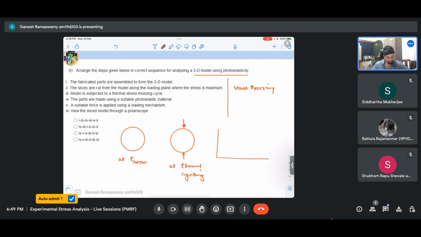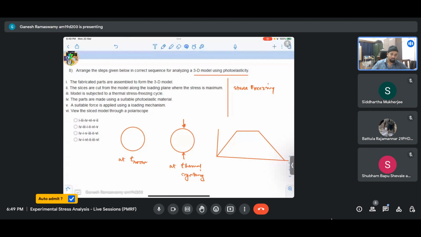So essentially, first we have to heat it with the loads applied. We have to heat it at a particular rate of temperature increase. Then we hold it constant for some time, and then we let it drop gradually to room temperature again. And throughout this process, the load should be applied.